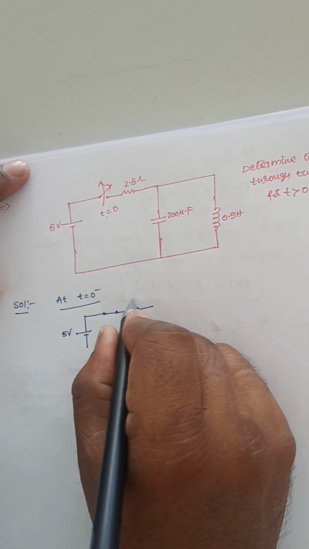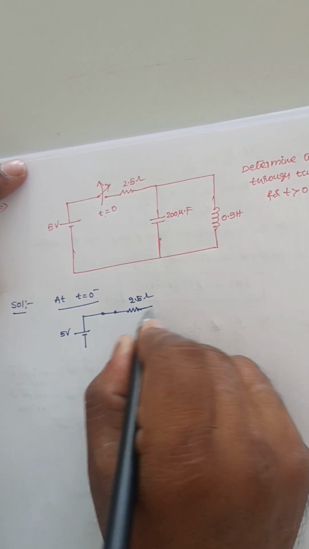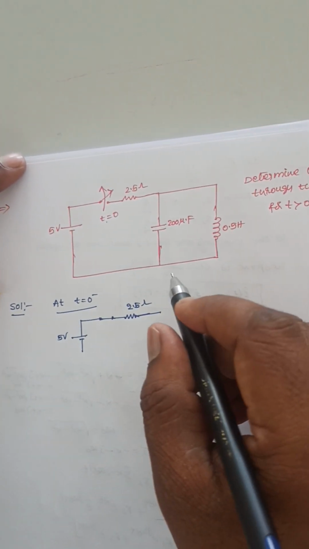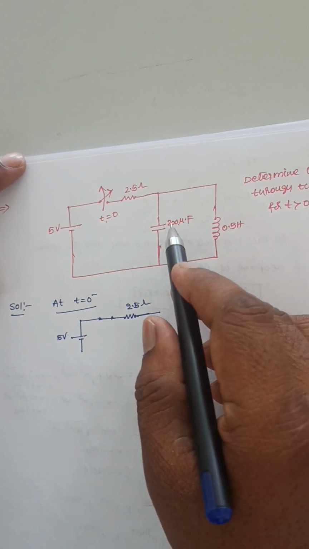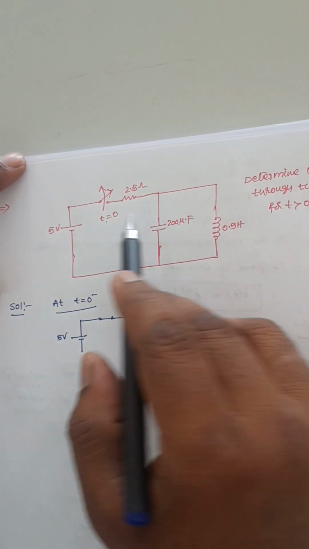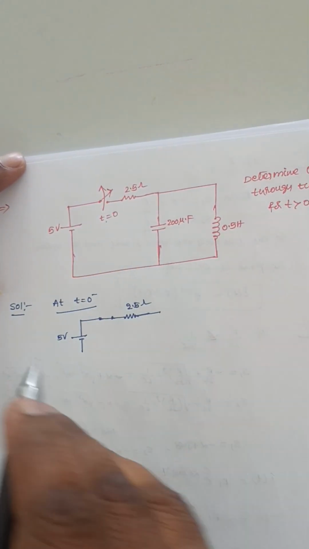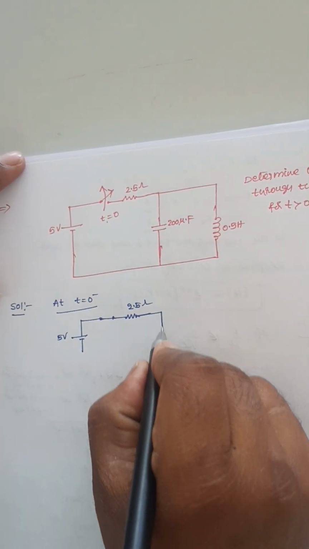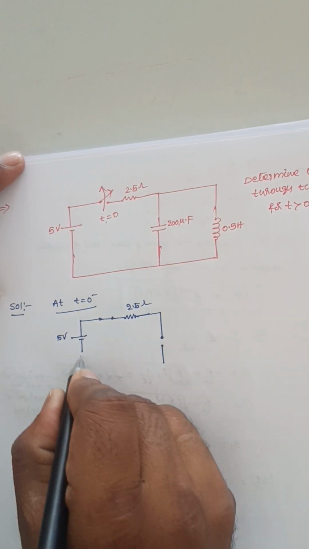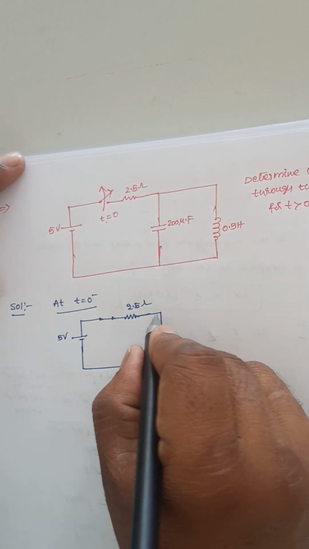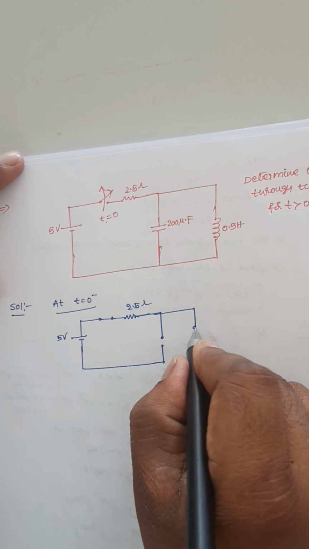It is 2.5 ohms. Under steady state condition, from minus infinity to 0, this circuit is under steady state because the switch is connected for a long time. So under steady state condition, the capacitor will act as an open circuit and this inductor will act as a short circuit.